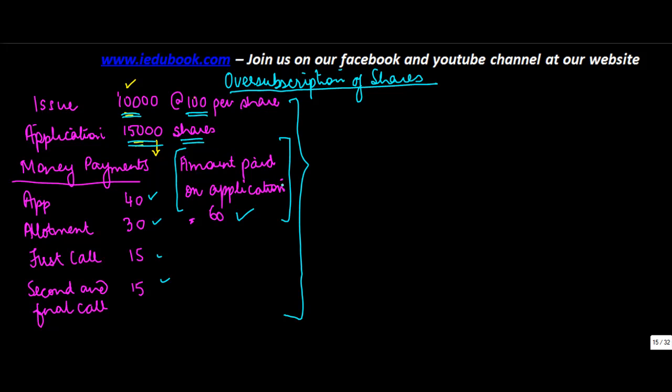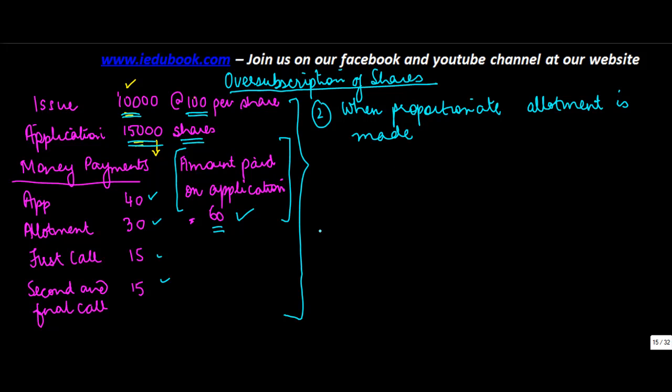Now, if you see, what has happened is that you have received 60 per share. So let's take case 2. Case 2 is when proportionate allotment is made. Okay, so let's say there were 3 shareholders.